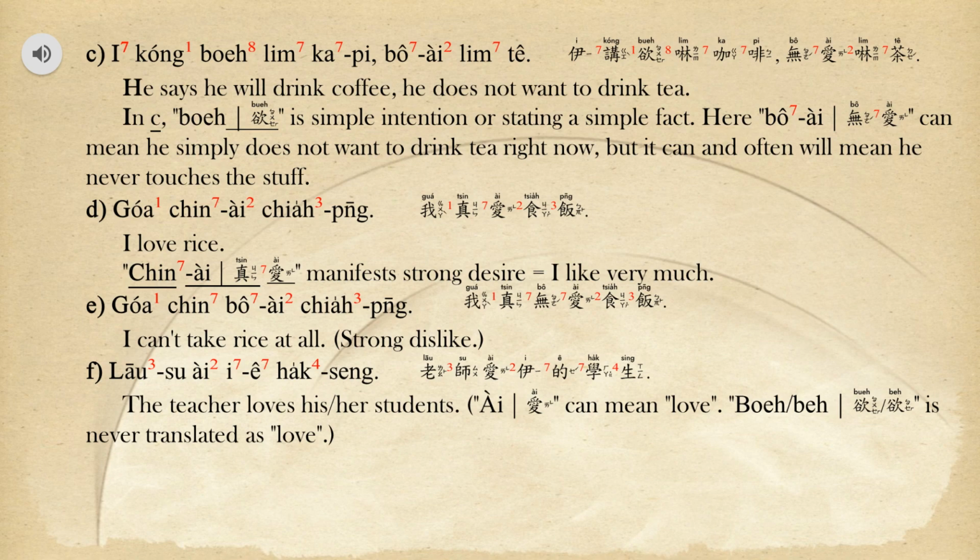E. 我真無愛食飯 I can't take rice at all. Strong dislike. F. 老師愛伊的學生 The teacher loves her students. 愛 can mean love. 要 is never translated as love.